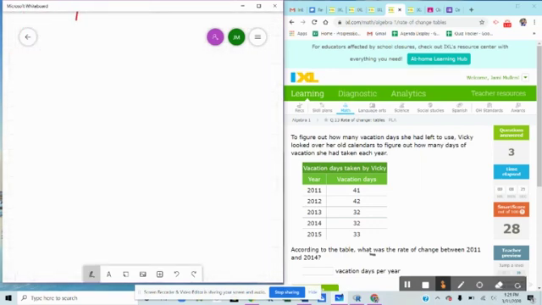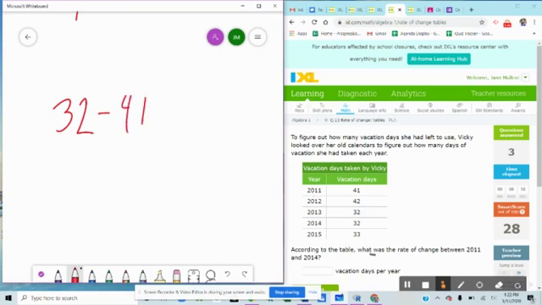All right, to figure out how many vacation days she has left to use, Vicki looked over the old calendars to figure out how many days of vacation she had taken each year. We want to use this given table to figure out the rate of change between 2011 and 2014. So we need to start with the bigger year, which is 2014. There were 32, minus the smaller year, which is 2011, is 41.